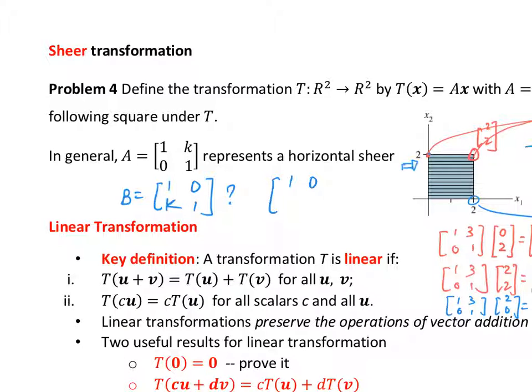Suppose this is 3, this is 1, and what does it do? Use this square, and then you can check it out. And what about negative 3? Those are the things that I will leave you some room to explore.